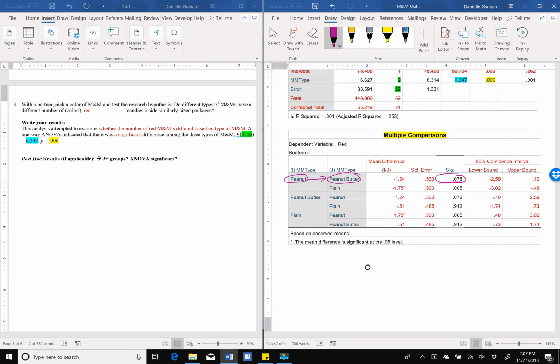This 0.078, not significant. So I'm just going to write myself a note here. Peanut versus peanut butter, not significant, and that's 0.078.